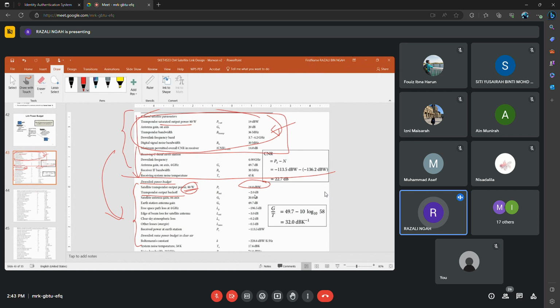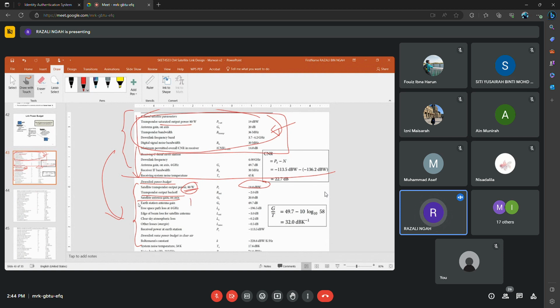So back off loss is 2 dB, and then we have satellite antenna gain on axis of 20 dB. This refers to the transmitting antenna gain on the satellite. The rest is related to other parts.